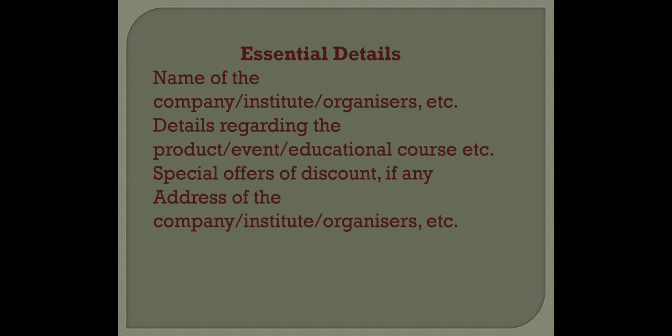So these two features we know. And the third feature of any type of advertisement is that it should be put in a box. The rest of the things which are a little different from classified, I have told you: you have to tell the whole detail of the product or event or the educational course, and then you definitely need to mention some of the offers if they are there.